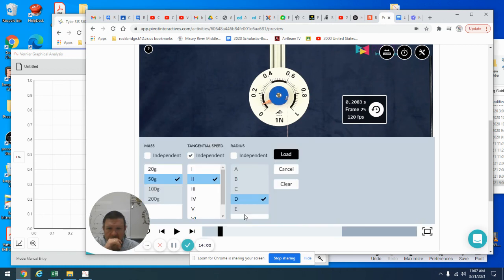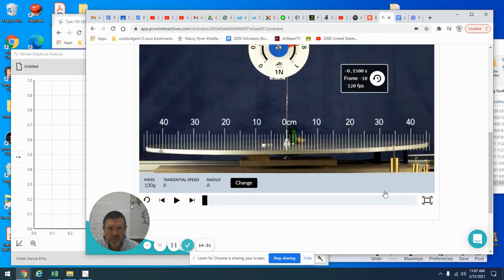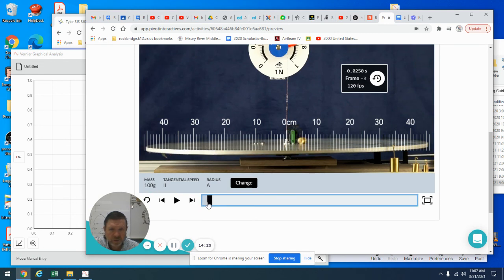We'll just go back in real quick and say if we're going to make the radius the independent variable, then here's my choices. Only one speed to choose from, and then you can choose the 20 or the 100, either one. And then you got 5 of these radii to choose from. So if I chose A, I'm going to go load here, and it looks like this is the real short radius.